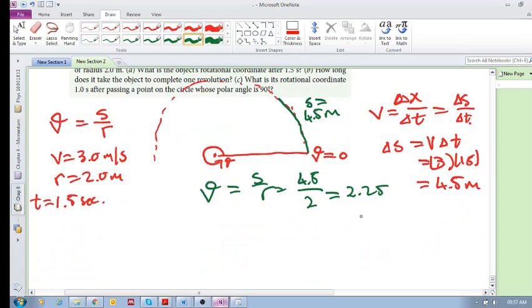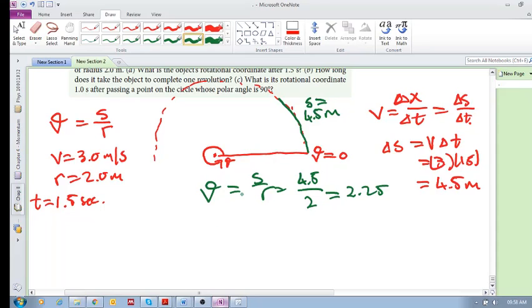Okay? But still, I don't really have a feel for what this means. And I just want to add this because I think this helps me a lot. What is 2.25 in terms of rotational coordinate? Well, the way that I like to look at this is I like to relate this to a complete revolution.